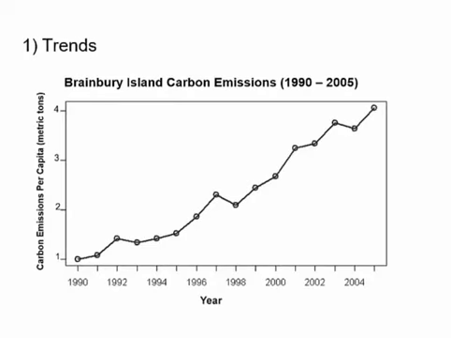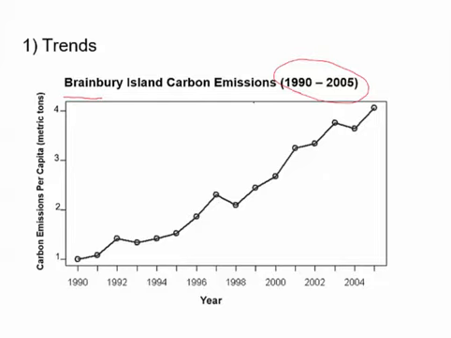Okay, let's start with this first visual. In general, we're looking at our basic information. We're looking at Brainberry Island carbon emissions, and the time represented here is 1990 to 2005. So there's where we get some of our basic key information.